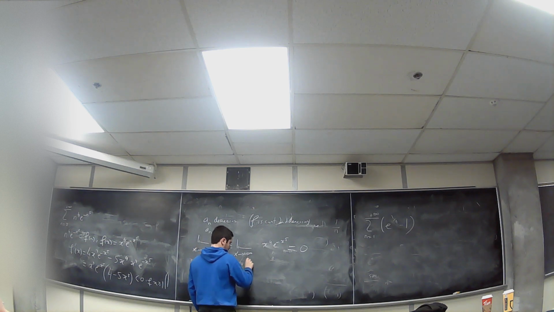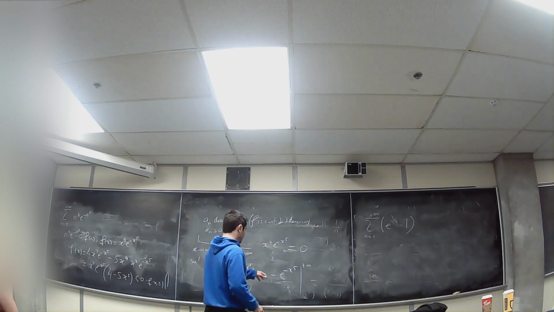Now we'll have to think a bit more. Convergence by integral test. Did I integrate this or not? I didn't integrate this yet. So let's look at the integral. What is the integral of x to the 4 e to the minus x to the 5 dx? So this is minus e to the minus x to the 5 over minus 5, right? From 2 to plus infinity. So this is 0, and then what do you get?